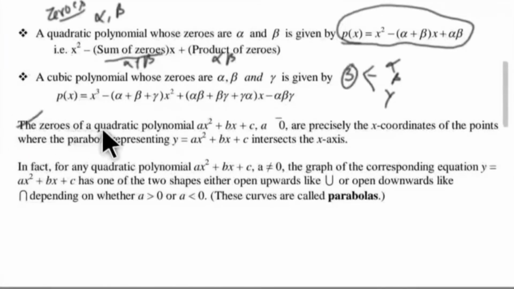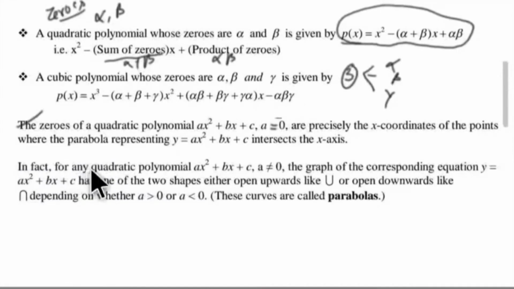Now the zeros of a quadratic polynomial ax² + bx + c, this is the general form of a quadratic polynomial, are precisely the x-coordinates of the points where the parabola representing y equal to ax² + bx + c intersects the x-axis.